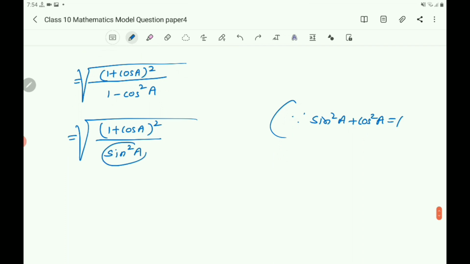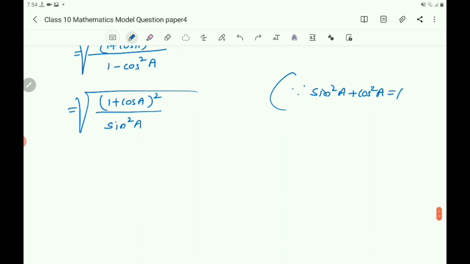Now here square is there, here also square is there. So cancel square and square root. Then what is remaining here?